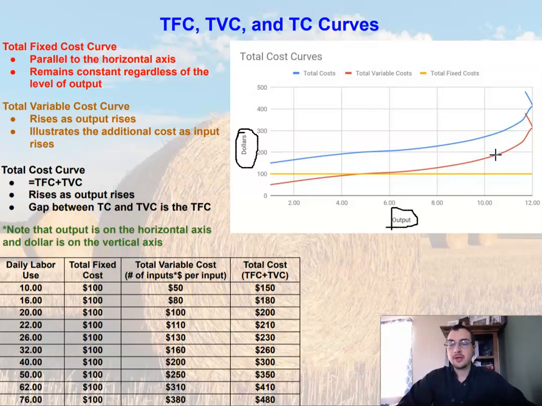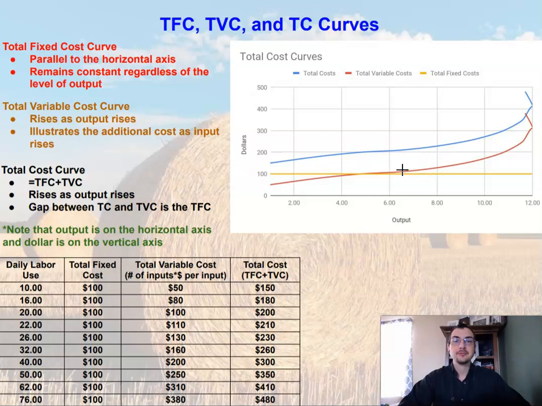So, a quick recap. We have the total fixed cost curve. Remember, the total fixed costs don't change. So it doesn't matter what output you're at, you're going to be maintaining a constant fixed cost. Because of that, your total fixed cost curve is always going to be perfectly parallel to the horizontal axis. Your total variable cost curve is going to rise as output rises.